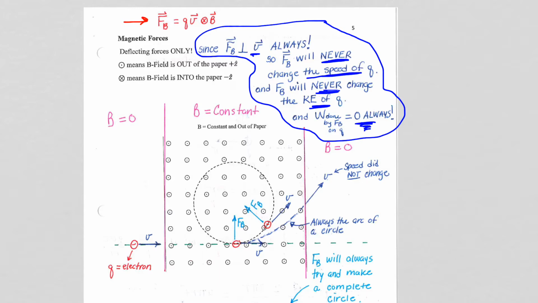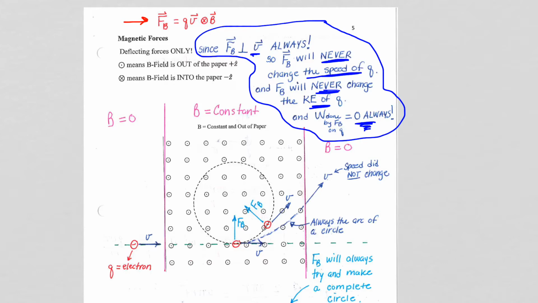The fact that we have situations, like railguns you may have heard of, where magnetic fields can push or pull particles and speed them up is separate from what the magnetic field does to an individual Q. So again, no matter what the question is giving you, do not lapse into the notion that the magnetic field does work.